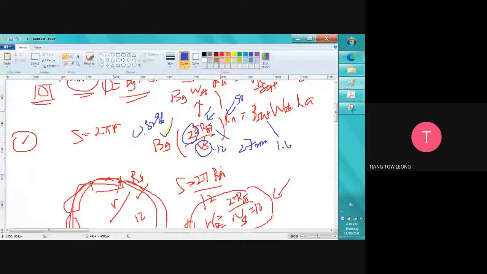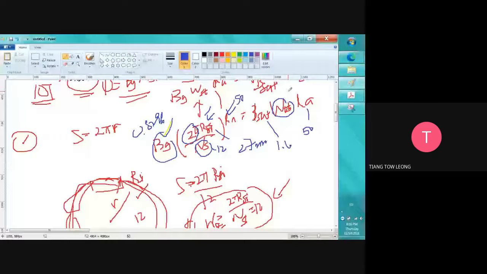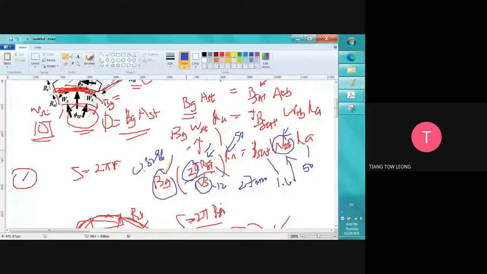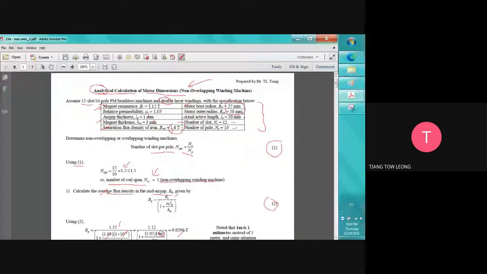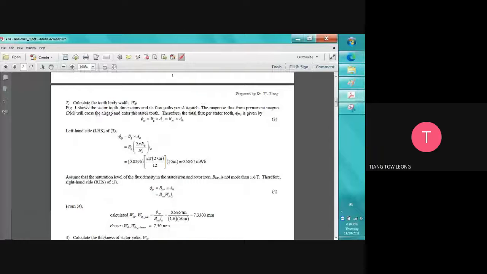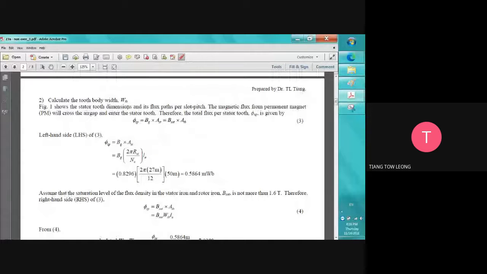LA is 50, so we have all these values. Only this one we don't have, then we will calculate this value. Okay, so come back to here. Figure 1 shows the stator 2D dimension and the flux path per slot pitch.